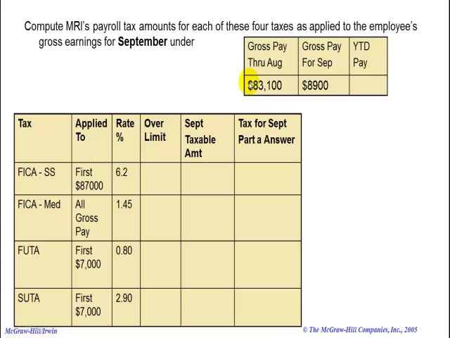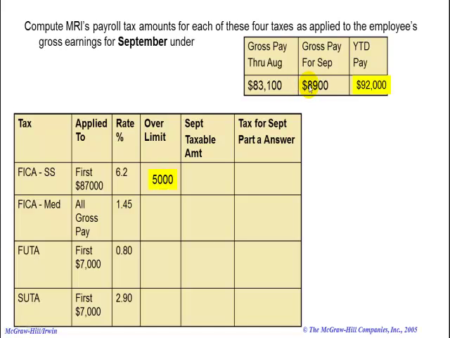It looks like they went over because the total through August, and then adding September, will be $92,000. So the limit's $87,000. They're now sitting at $92,000, and so of this $8,900, let's see how much is over the limit. Well, $92,000 minus $87,000 means they're over the limit by $5,000.